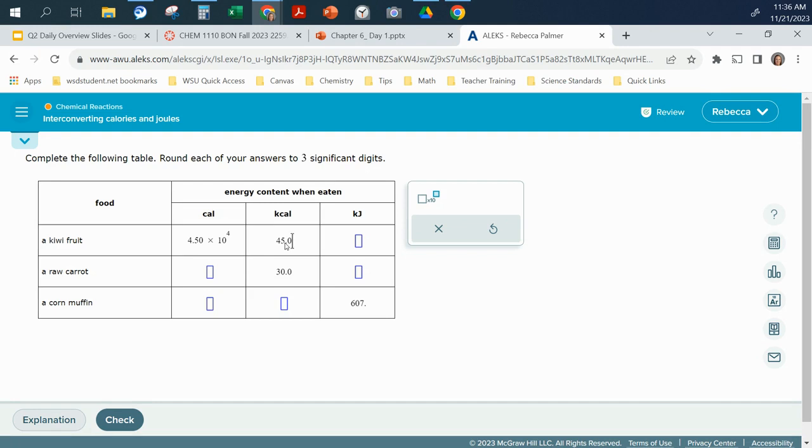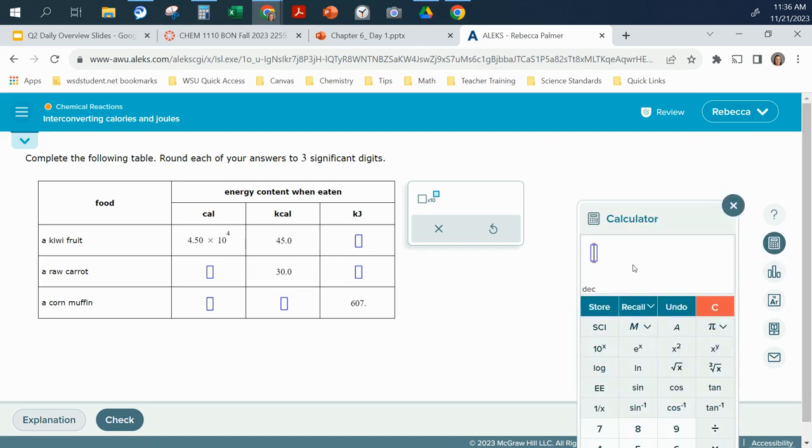Then I can get my answer. So calculator, 45 times 4.184. Okay, and then 3 significant digits, so I'm just going to keep 188. Questions so far? All right, next one.